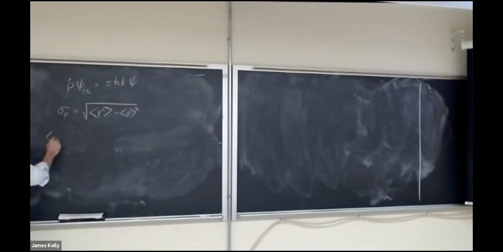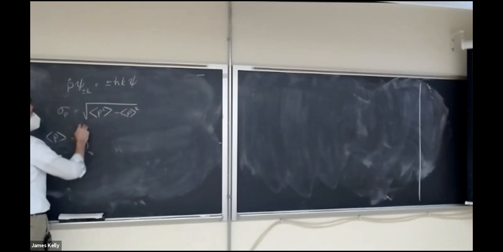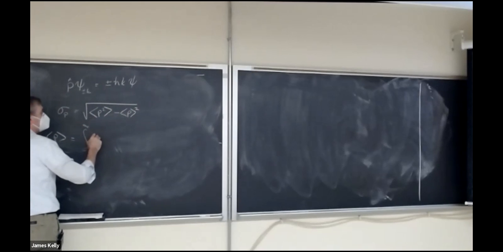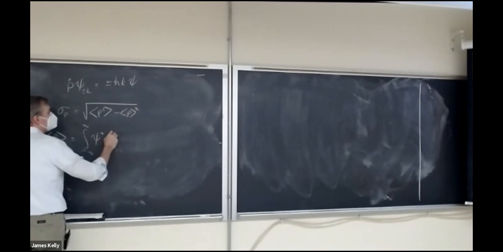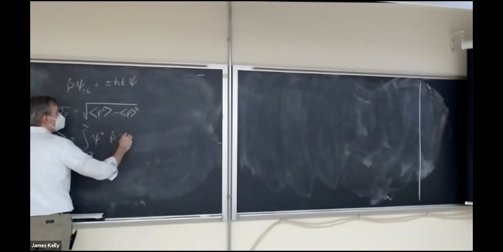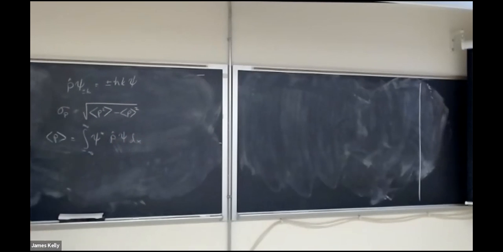Well, let's go into subroutine mode. The expectation value of p is the integral from minus infinity to infinity of psi star p psi dx, right? That's what our standard formalism says. Whenever you have an operator, you want to find its expectation value, sandwich it between psi star and psi and integrate.